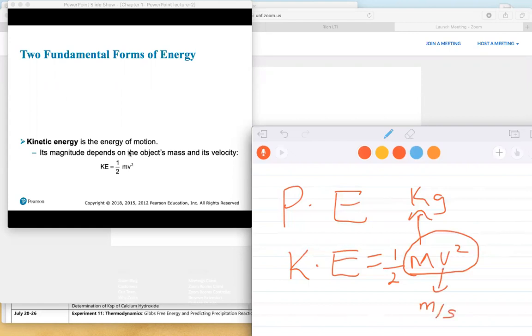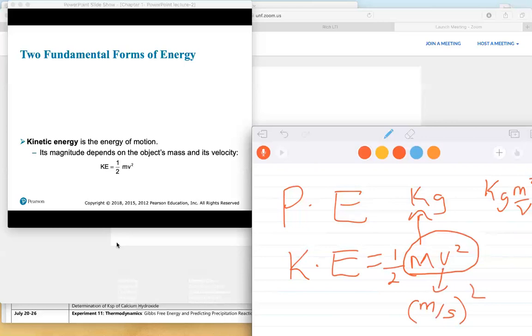So if an object is moving at a speed in miles per hour, you should convert the miles to meters. If it is in kilometers, convert to meters, so that when you square this, you'll end up with the units being kg meter squared per second squared, which is related to the SI units for energy.